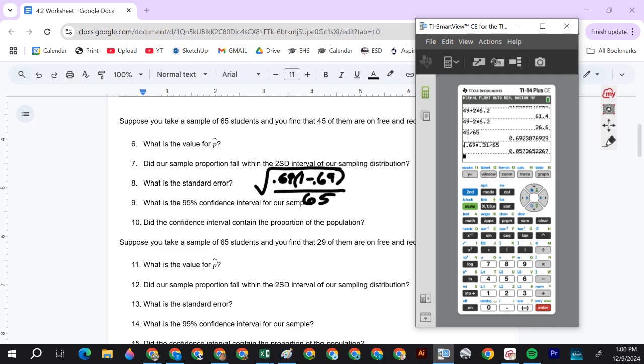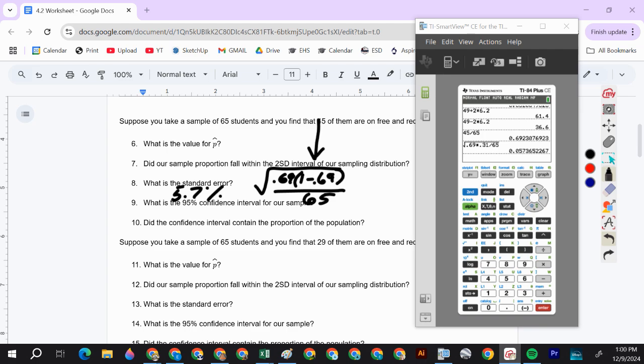And I get 5.7%. And again, you can display these in either percentages or decimals. But when you use this formula, you have to use decimals. If you use percentages, it's going to give you an error every time. Well, I guess not every time, but you definitely don't want to.